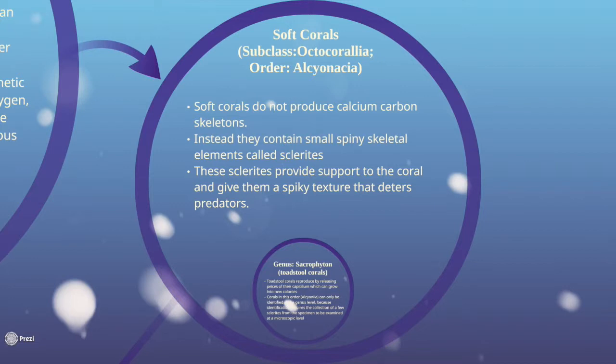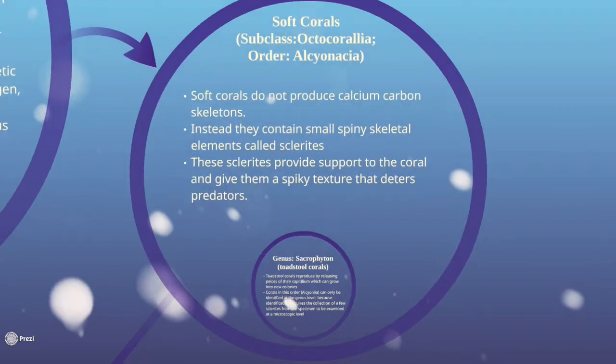Soft corals do not produce calcium carbonate skeletons as do their counterparts, hard corals. Instead, they contain small spiny skeletal elements called sclerites. These sclerites provide support to the coral and give them a spiky texture that deters predators.